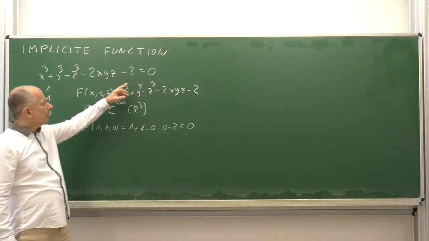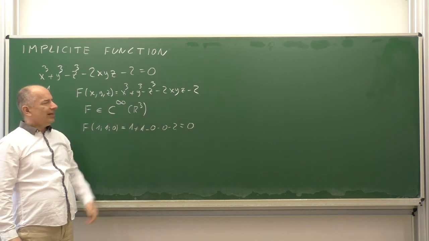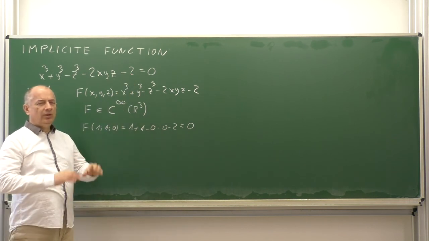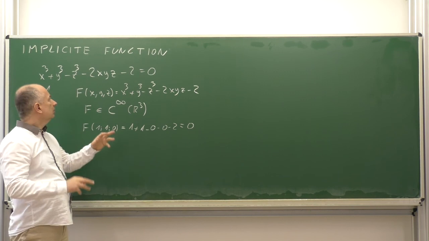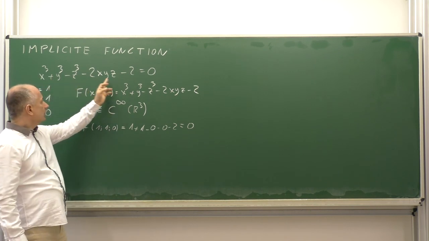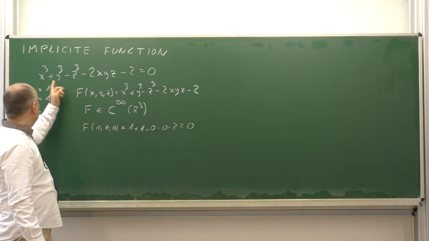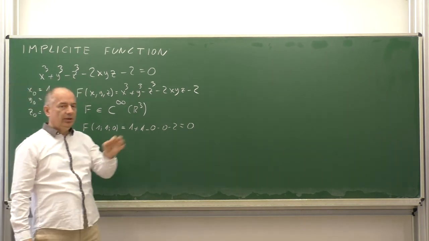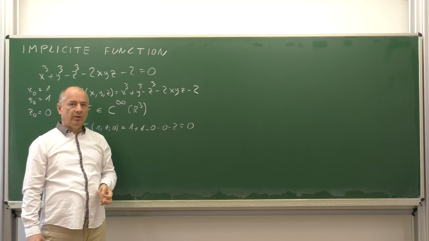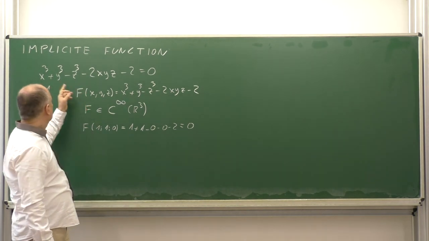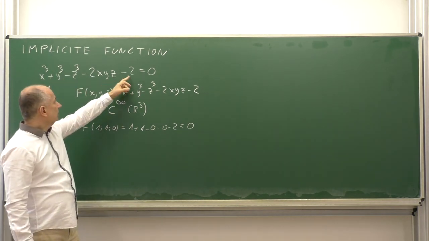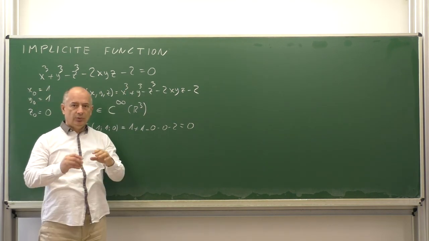Well, what set is this? How can we imagine the set of all the solutions of one equation for 3 unknowns? We have x, y, z, 3 independent variables, and we have the condition that this expression is equal to 0.